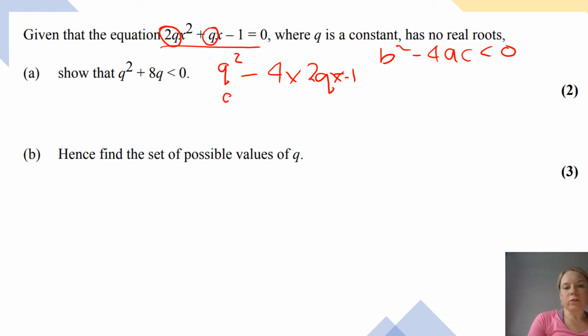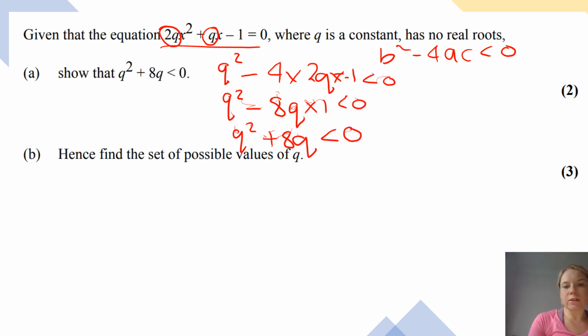So therefore q squared minus 4 times 2q, so that's going to be 8q, and then I'm going to times that by 1 as well. So you don't have to do it in lots of steps like this. And obviously timesing it by minus 1, you're just going to get, which is always going to be less than 0.